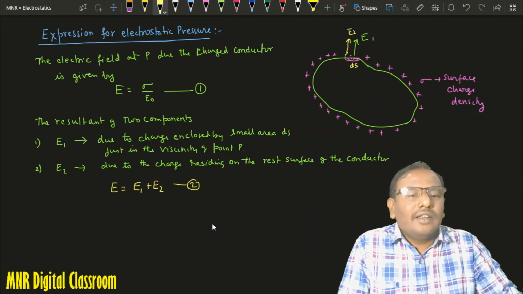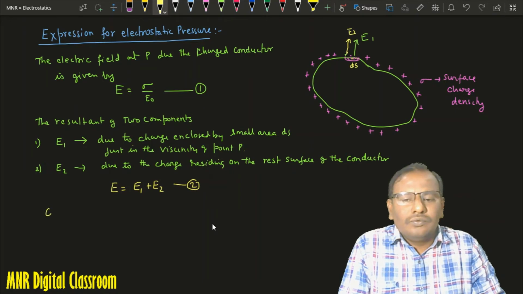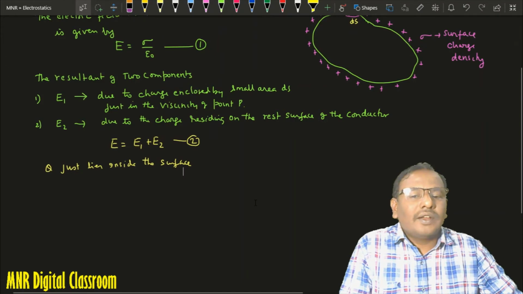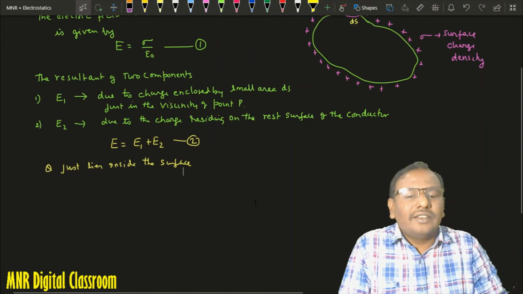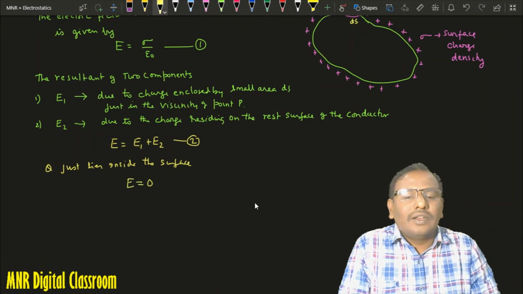Now let us consider another point, say Q, which just lies inside the surface. For any point just inside the surface, the resultant electric field E is equal to 0.